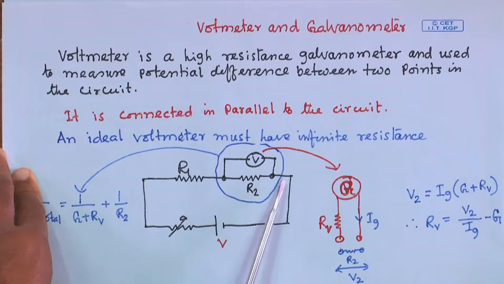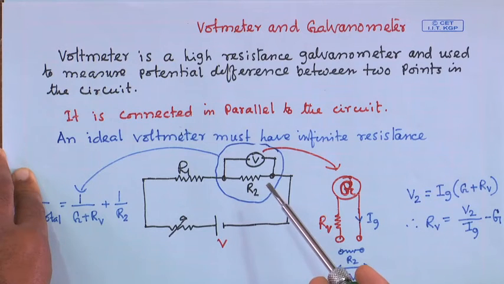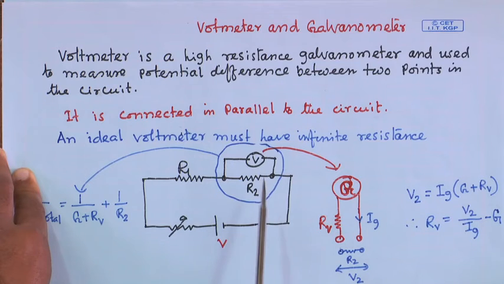For that I am using a voltmeter, which ideally has infinite resistance. So I have connected it in parallel. The mechanism is such that when I use this measuring apparatus in the circuit, it should not change the current in the circuit.